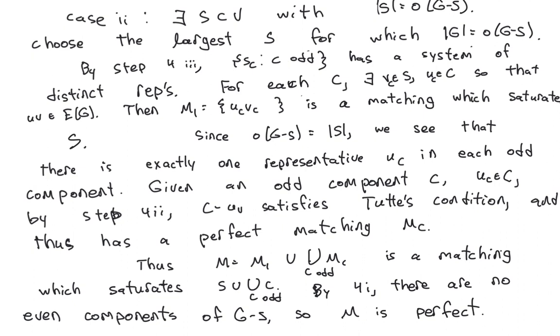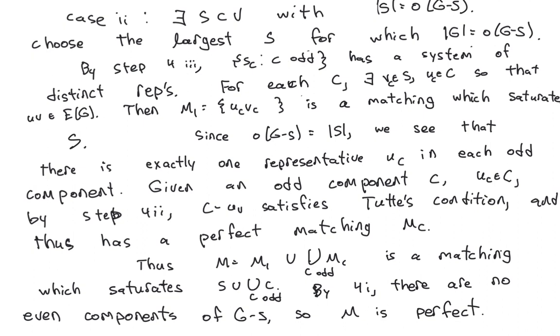We'll refer to these distinct representatives as U sub C. So by definition of S sub C, not only is there a U sub C for each of these distinct representatives, there has to be a corresponding vertex in S such that together they form an edge. So this gives us our first part of our matching. It's a matching which saturates S, and that follows from the definition of system of distinct representatives. For every vertex in S, there has to be a representative corresponding to it, and that gives you the corresponding edge.